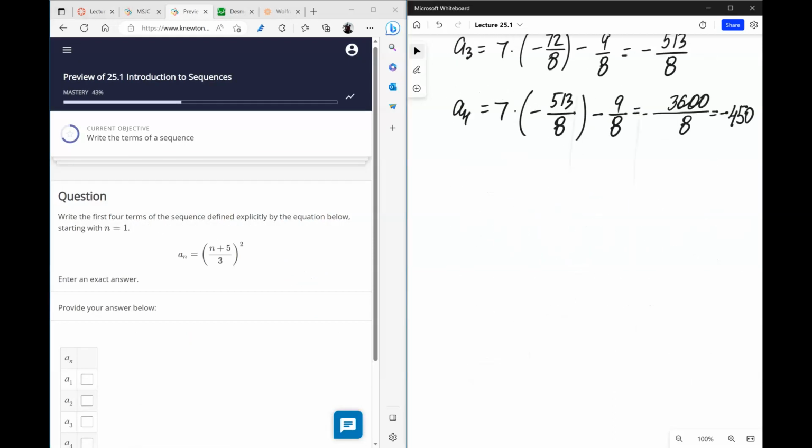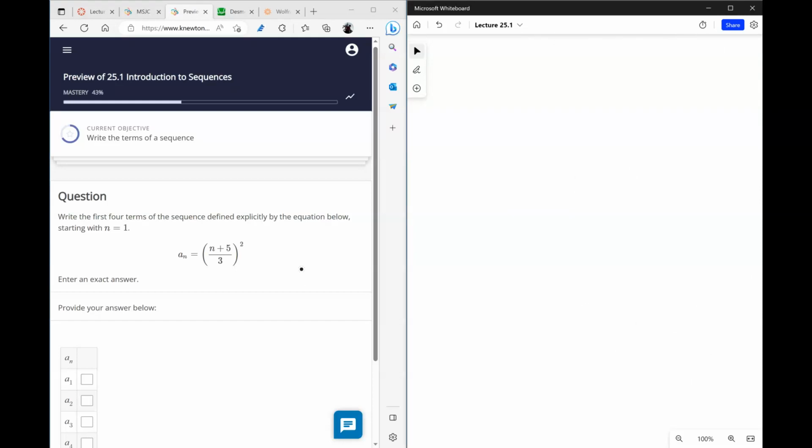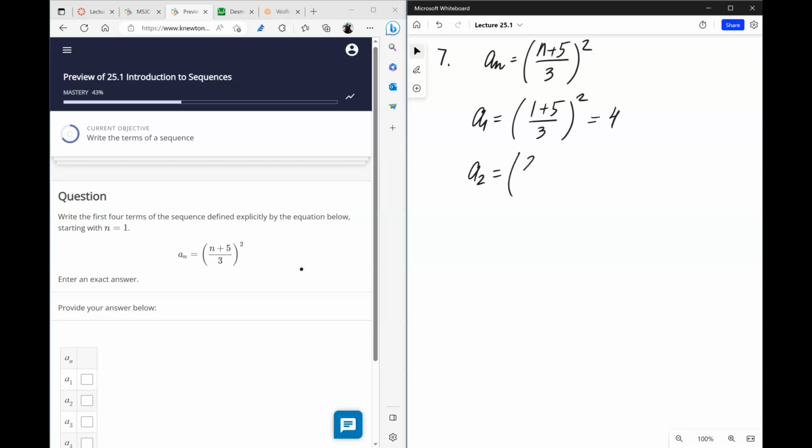Alright, we have a general formula. So when n is equal to 1, we simply plug in 1. When n equals 2, we plug in 2.